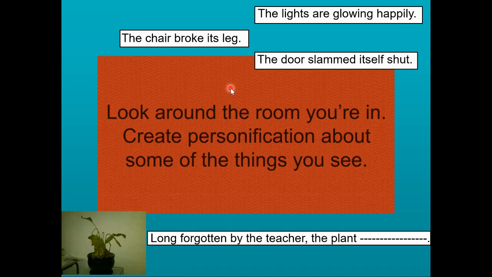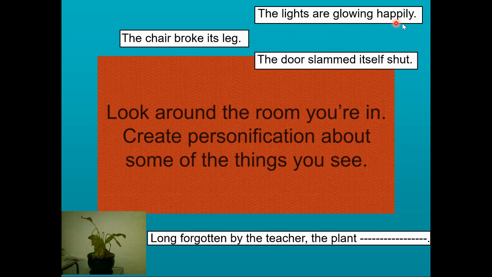So if you look around the room you're in, you can create personification about some of the things that you see. So the wobbly chair over there, you could say the chair broke its leg. Well, that's giving a leg, which is a human body part, to a chair, and it's saying that it broke its own leg, which is also something that only a human could do that has the ability to move. So we're personifying the chair. Okay.